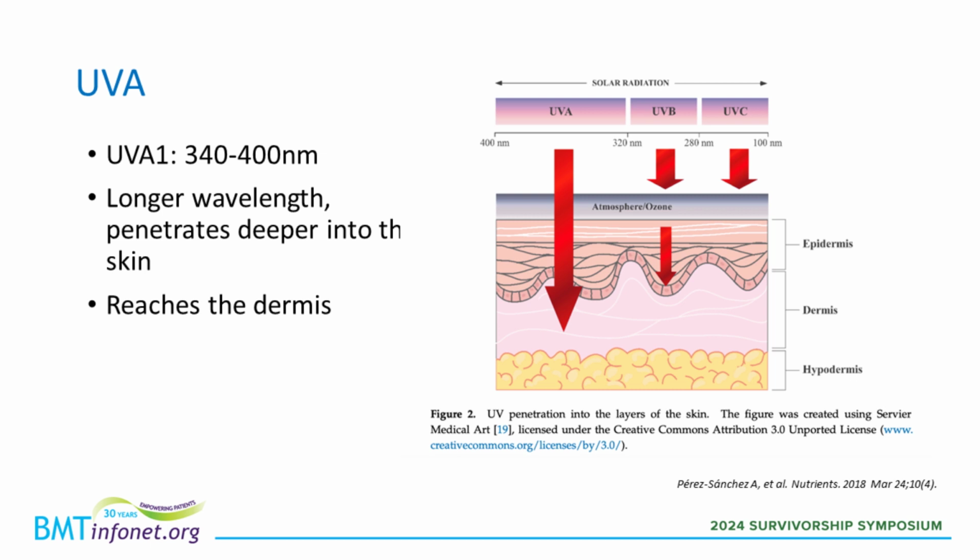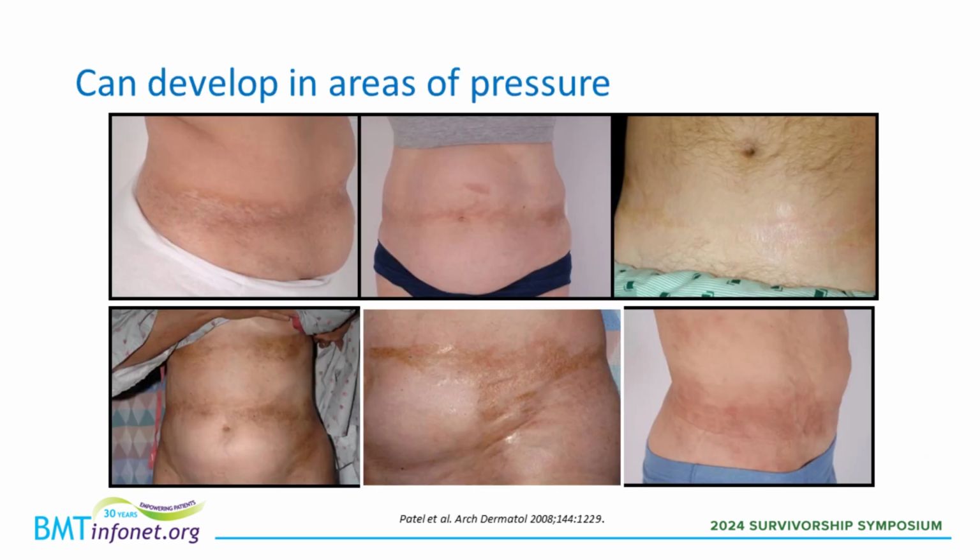Now, there aren't tons of ultraviolet A machines available, so it's a fairly specialized treatment. And because we now have more systemic treatment options for chronic graft-versus-host disease, it's probably not utilized as much as it used to be. But it is a treatment that can be used for deeper chronic graft-versus-host disease in certain situations.